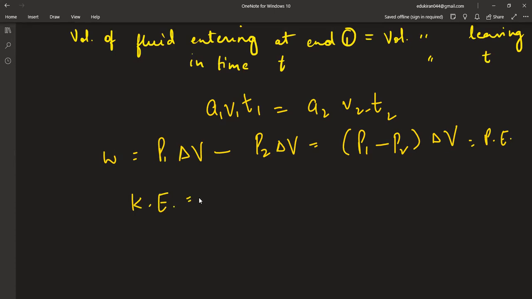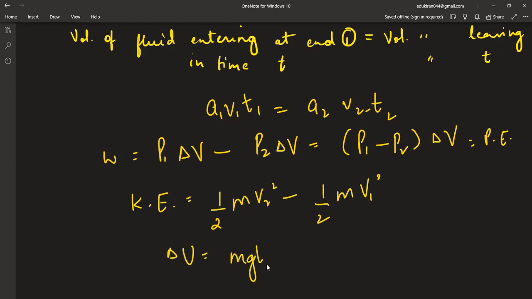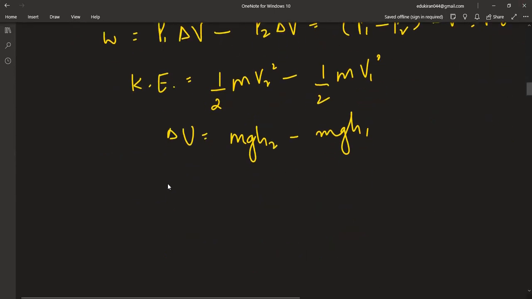Talking about the kinetic energy, the change is half m V2 square minus half m V1 square. What will be the change in potential energy? mgh2 minus mgh1. And the pressure energy will be P2 delta V minus P1 delta V. This is the pressure energy, this is the potential energy, this is the kinetic energy.